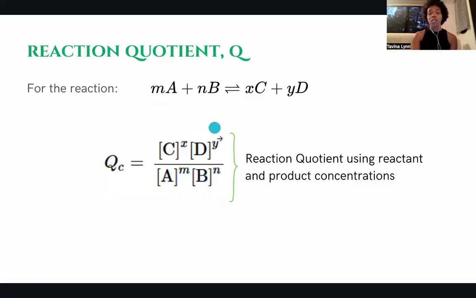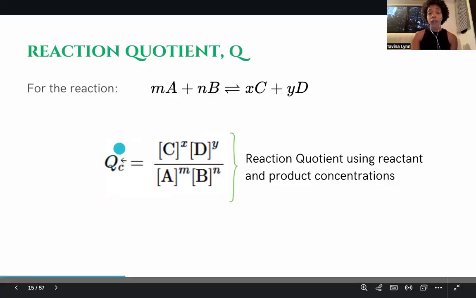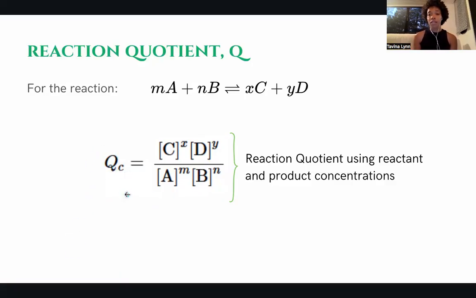So this is the expression that we write for our reaction quotient Q. And we write Q sub C because this is written in terms of concentration, right? We can also write it in terms of partial pressure, but in this case, it's Q sub C because we're talking about concentration.